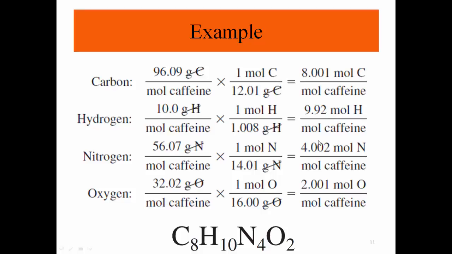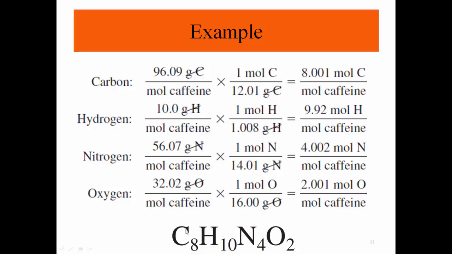So now we can say the empirical formula, if we consider these as 8, 10, 4, 2, is C8H10N4O2. So that becomes the empirical formula.